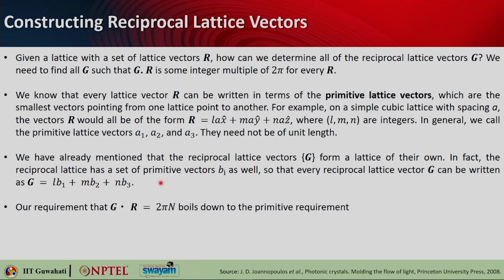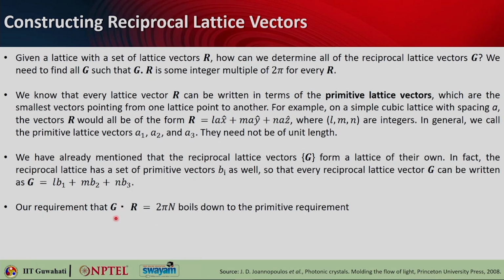The reciprocal lattice has a set of primitive vectors Bi. Here it is Ai, or A1, A2, A3; there it will be B1, B2, B3. So every reciprocal lattice vector G can also be written as G equals L B1 plus M B2 plus N B3, where L, M, N are integers.